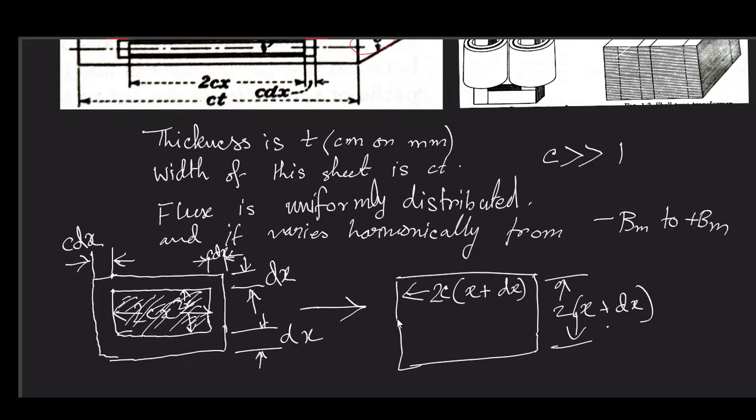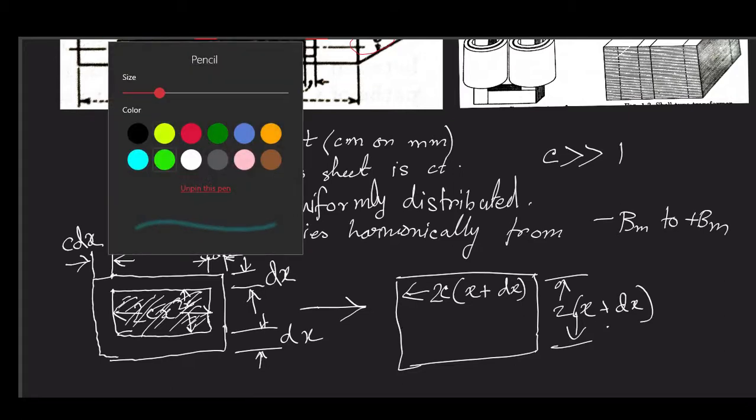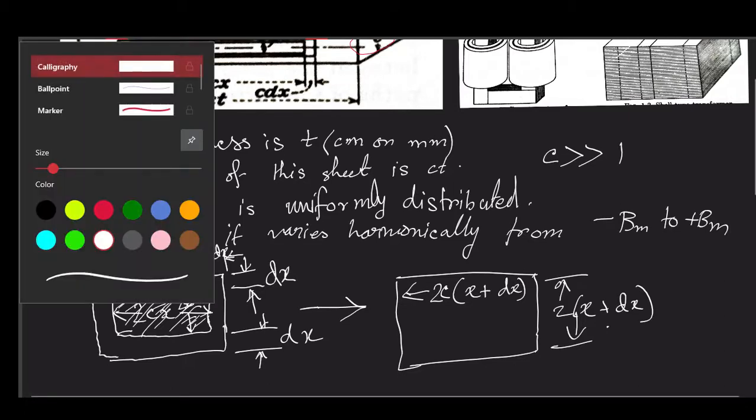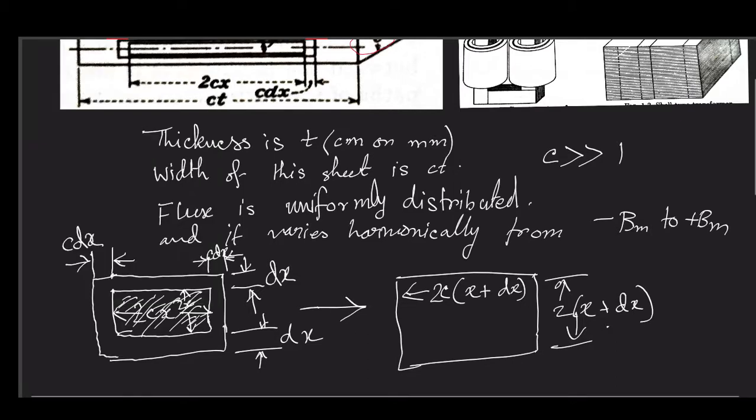So what we can expect here is that when there is an alteration of flux, there will be an alternating EMF induced here.